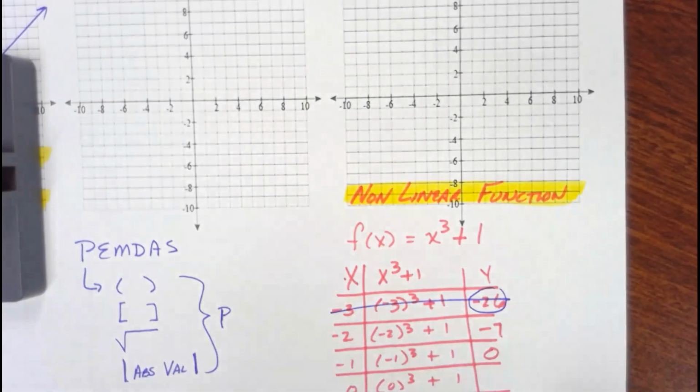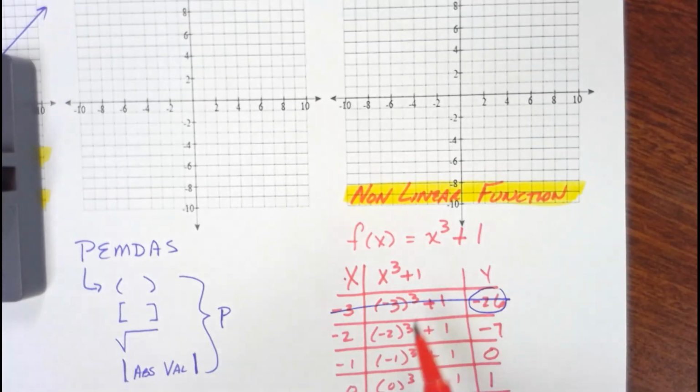0 cubed plus 1 is 1. 1 cubed plus 1 is 2. 2 cubed is 2 times 2 times 2, 8, plus 1 is 9. 3 cubed is 27 plus 1 more is 28. And again, that's no good because I can't use 28.